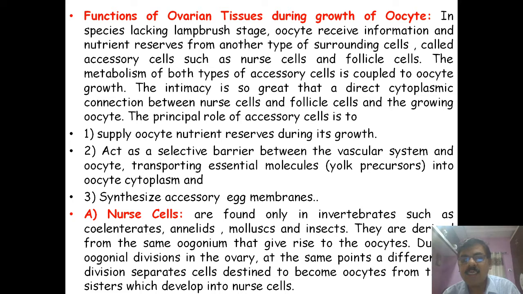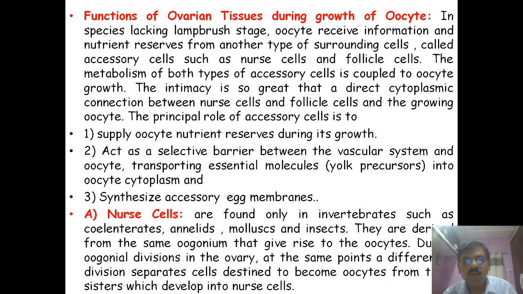The intimacy is so great that there is direct cytoplasmic connection between nurse cells and follicular cells and the growing oocyte. The principal role of these cells is to supply the oocyte nutrient reserves during its growth, act as a selective barrier between the vascular system and the oocyte, transporting essential molecules and yolk precursors into the oocyte cytoplasm, and synthesize the accessory egg membrane.